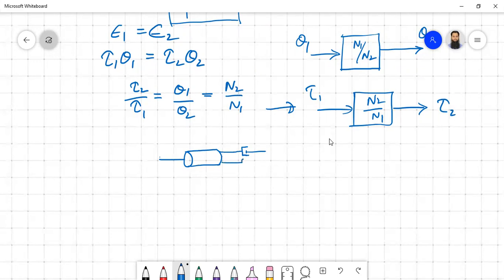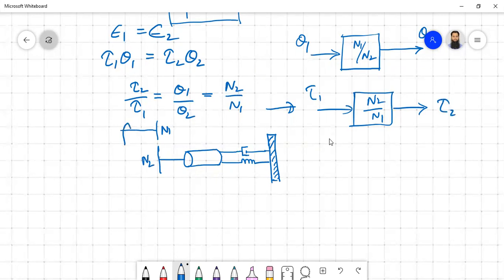So now this is the scenario. Already we have solved in the last article how to find the corresponding transfer function, so it is nothing new. Now let's just add the gears. These are the symbols for gear. You have the gears connected here: N1 teeth of the smaller gear, and N2 teeth of the bigger gear.